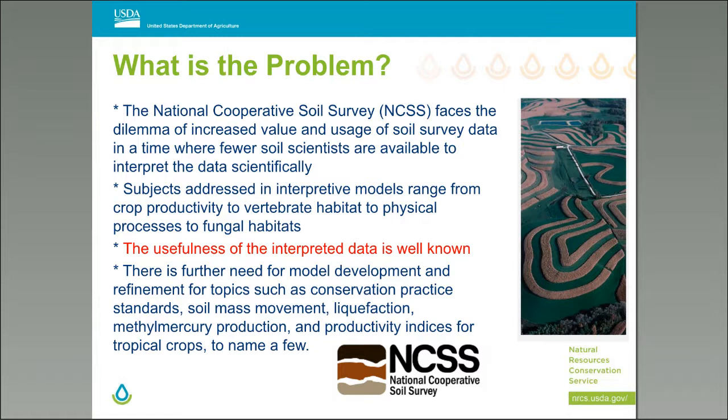A New Madrid event would cause some severe problems because we're not ready for them in that part of the world. Methyl mercury production in soil, productivity indices for tropical crops, just to name a few. So there's a really big backlog or load of topics that can be addressed by soil survey interpretations.